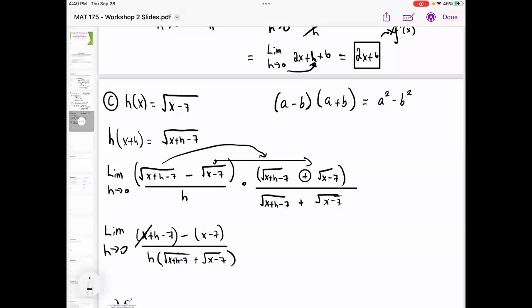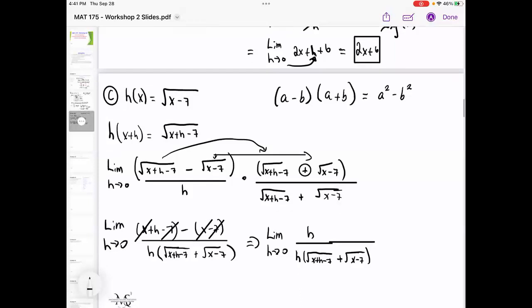The x will cancel out. The minus 7s will cancel out. So what will be remaining in the numerator? An h. So we have the limit as h approaches 0, h on the top, h on the bottom, times the square root of x plus h minus 7 plus the square root of x minus 7.